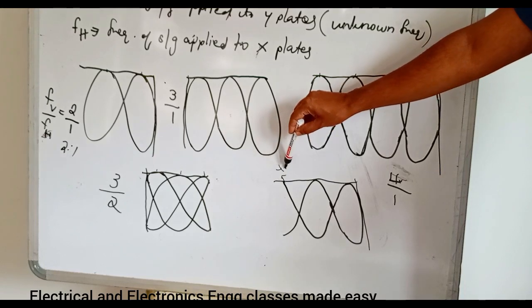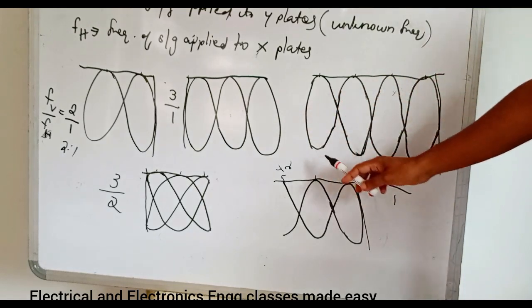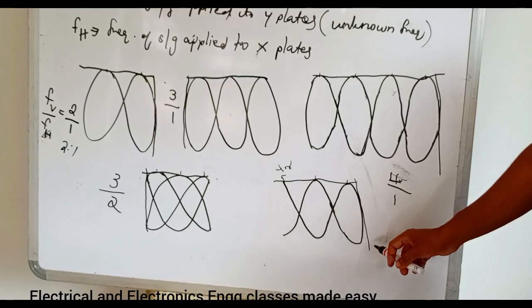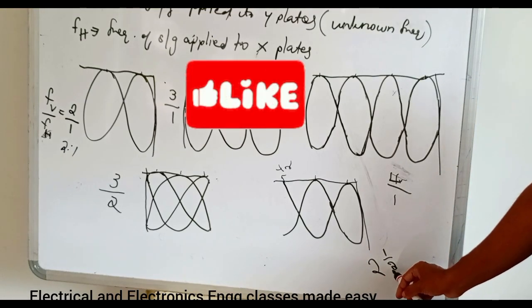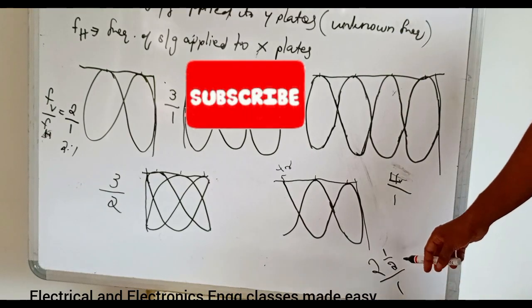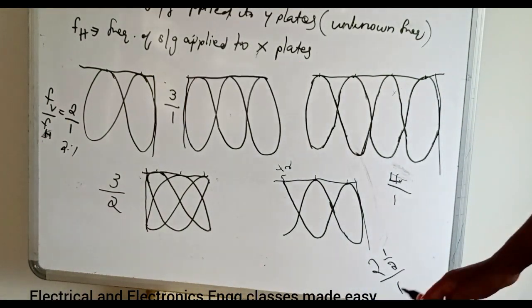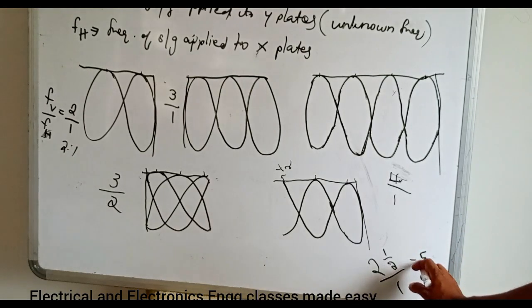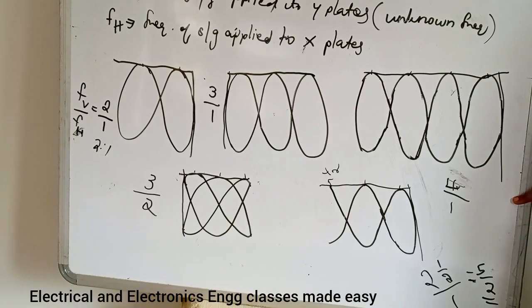So this is half tangency and this is 1 point, then 1 point. So here we get 2.5. In this case it is 2.5 divided by 1. So 2.5 means it is 5 divided by 2. That is, here we get 5 divided by 2 as the ratio of frequencies. Lissajous patterns.